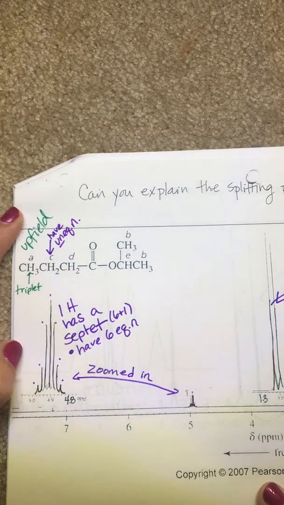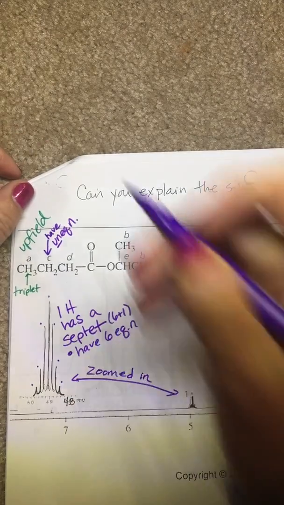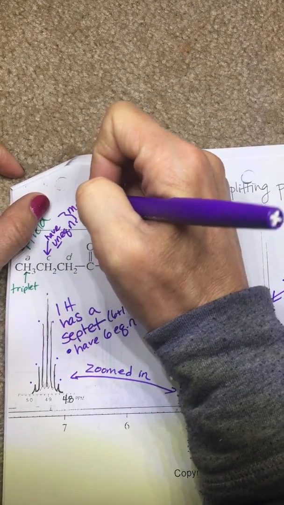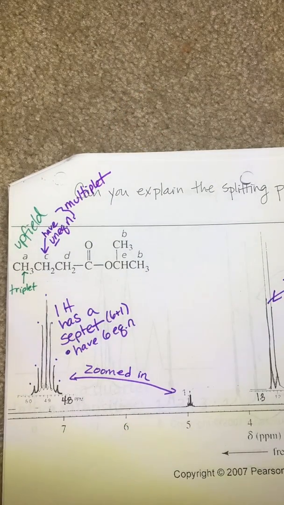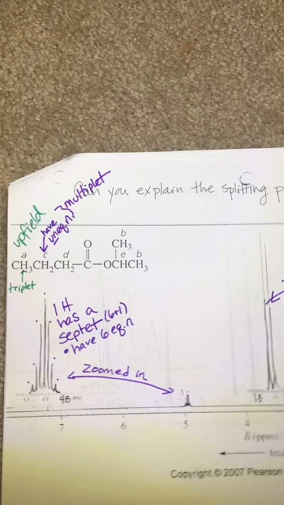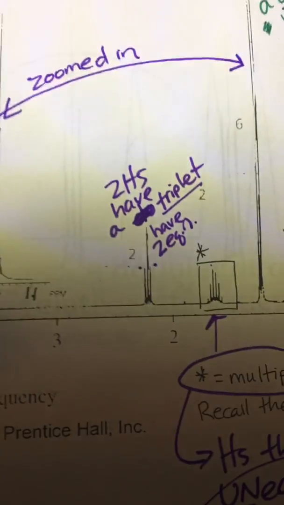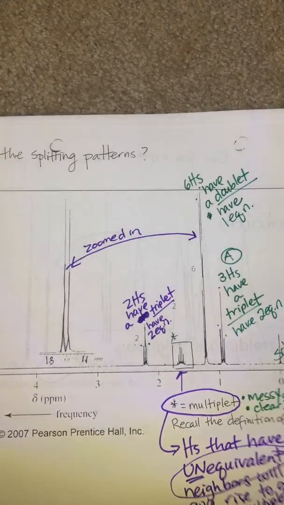What does that mean? It means these 2 hydrogens would have a multiplet. So 5 plus 1 would be 6, which is a sextet. Now, sometimes with a multiplet, you can't easily count that. But again, there's that multiplet that we're seeing for those C hydrogens.